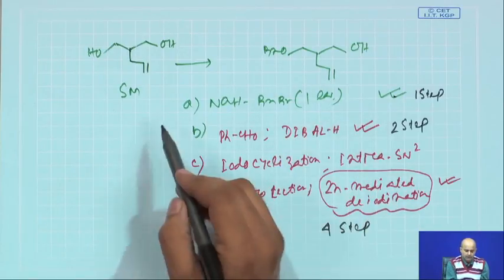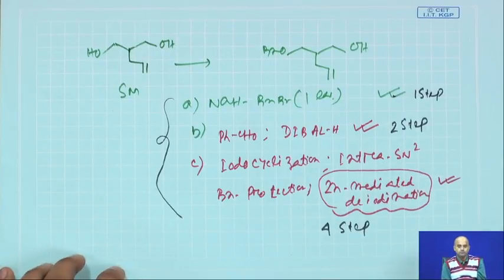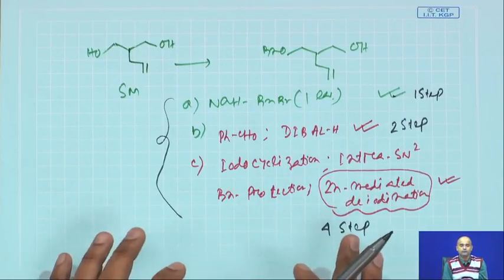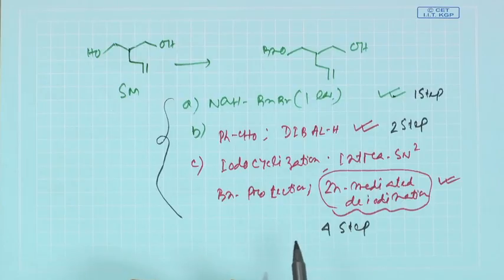So, this way basically you can think about a desymmetrization reaction, and particularly the key transformation which can be thought of. You can use different key transformations as your main tool, and then you try to correlate how this target structure can be correlated back to your starting material.